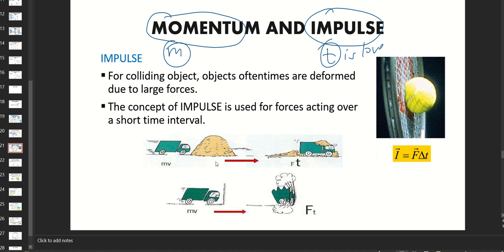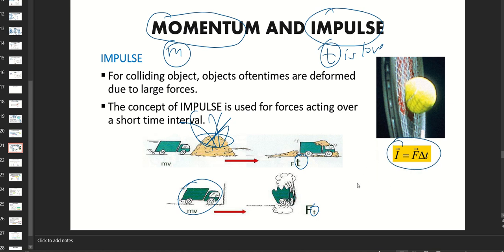Small yung time, ang laki ng force, malaki yung impact, malaki yung impulse. Saglit lang. Pero ito matagal, mabagal, so hindi nagragasa yan. Ito saglit lang, short time, wasak. So, the formula is I equals F times time.